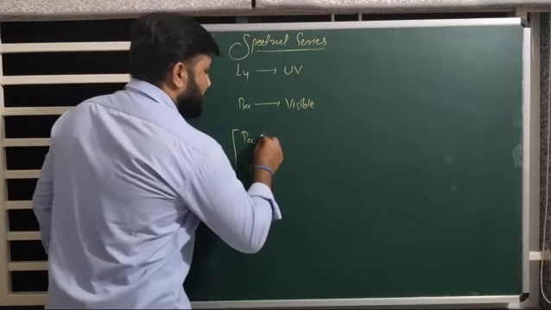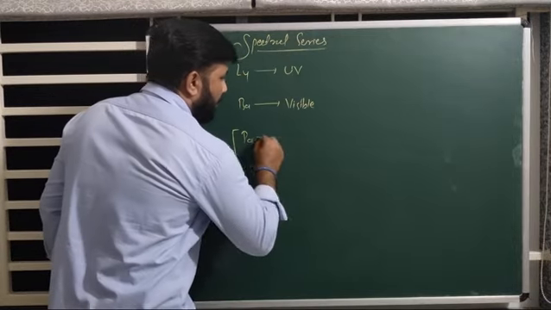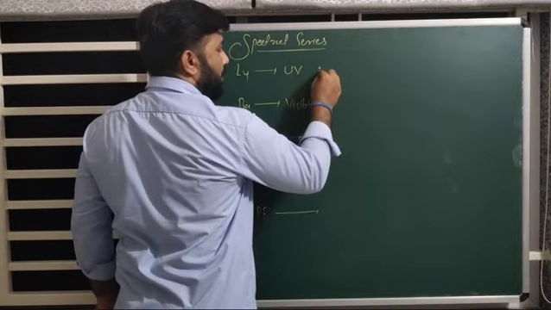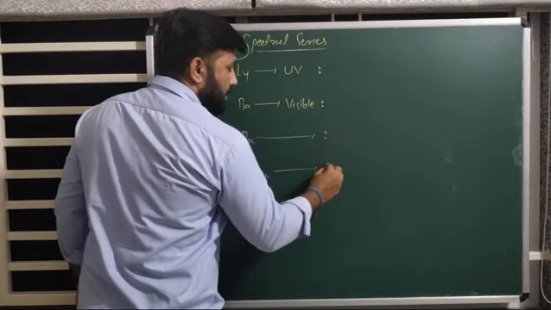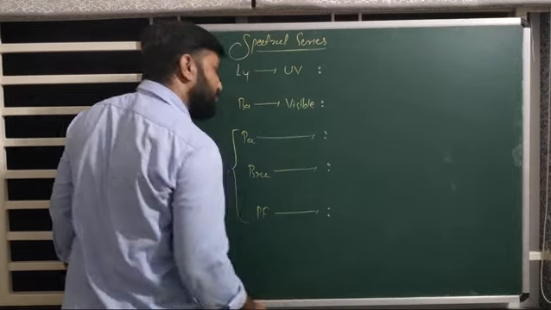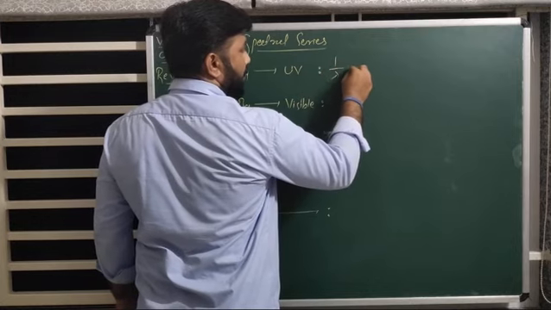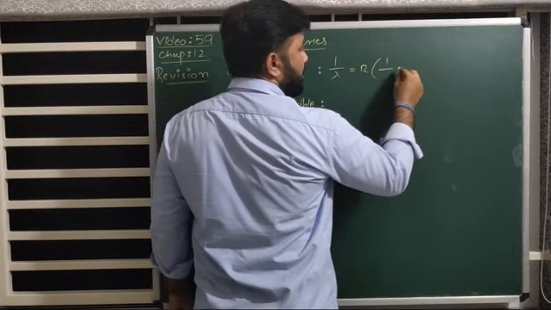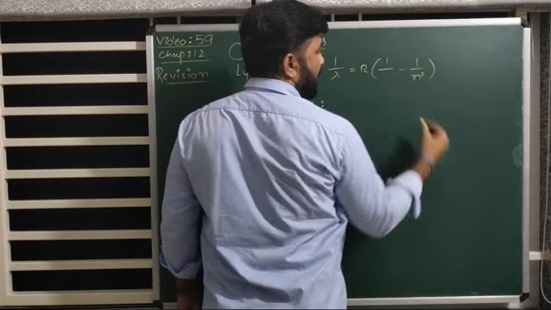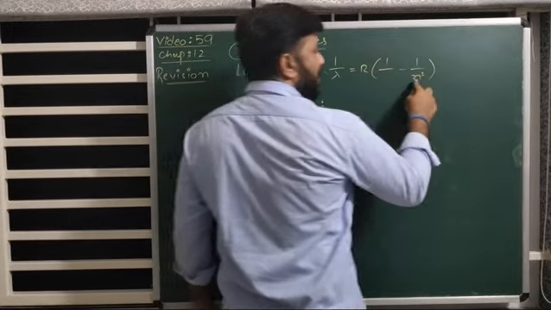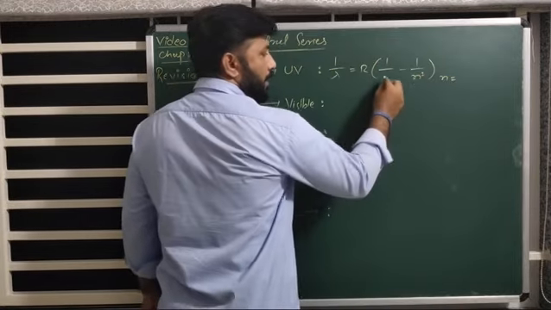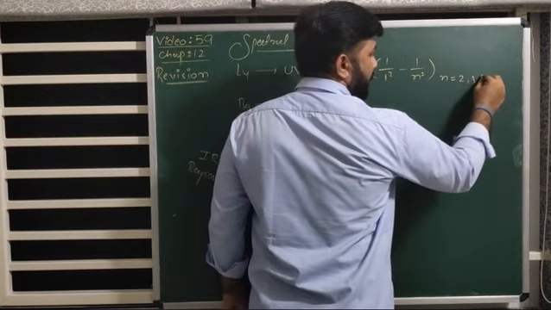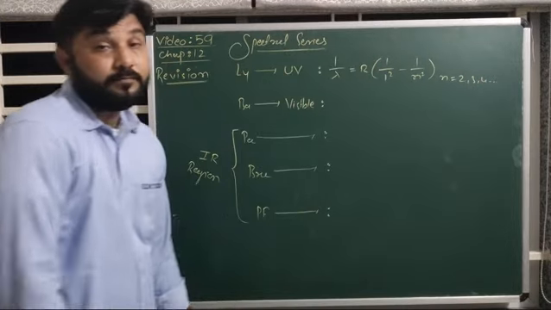Okay, the equations are common for all, but with minor change. Each series has the same formula, 1 upon lambda equals R times 1 upon something minus 1 upon n square. As it is the first series, it is 1 upon 1 square, and the n value starts from 2, 3, 4 and so on. Clear?